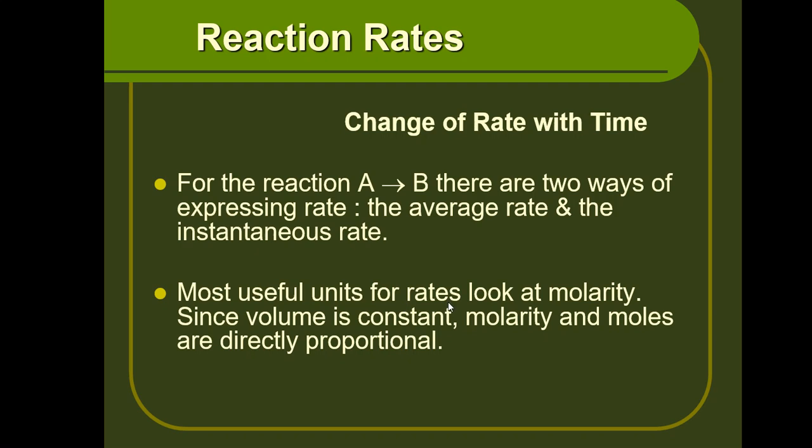I have already mentioned the units. It would be mole per unit volume, or molarity, and of course it would be per unit time because we're expressing it in terms of rate. So again, rate could be average or instantaneous, and we're done with the average rate.